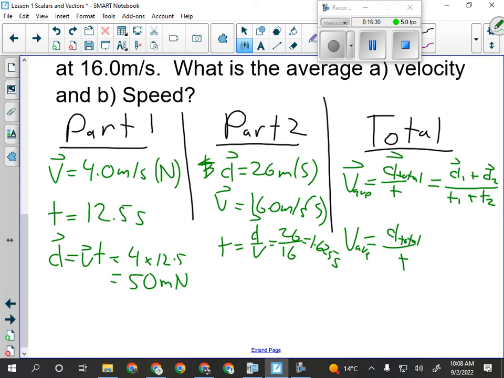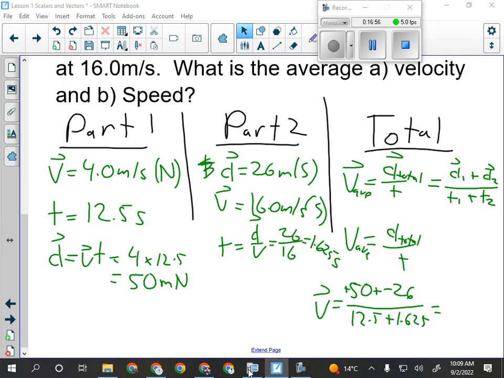I can do this. Now, that can get me the average velocity, so that'll get me part A. Right, so my average velocity will be positive 50 plus negative 26, because I'm going to make south negative, or you can just go minus 26. And then for time, I'm going to take the 12.5 seconds plus 1.625 seconds.